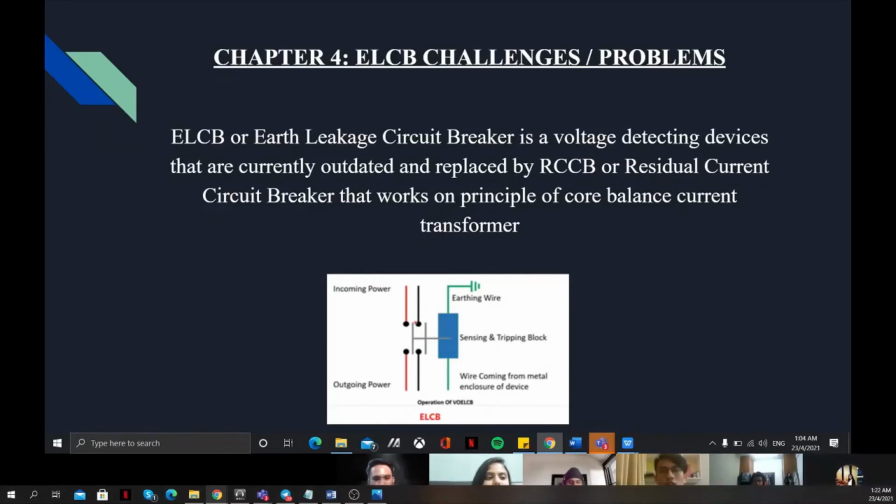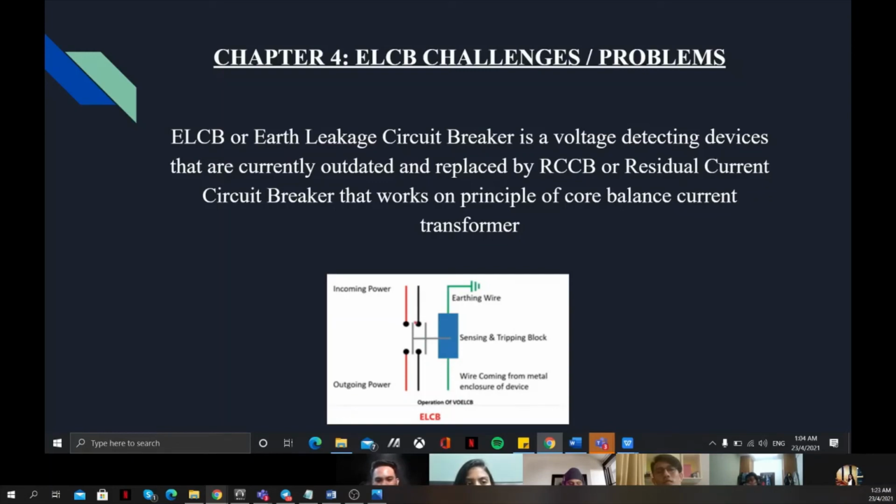Moving on, we are at the last part, which is chapter 4, the challenges or disadvantages of using ELCB, or earth leakage circuit breaker. The first one is that ELCB is a voltage detecting device that is currently outdated, an old device now replaced by RCCB, as explained by my friend Atik just now.